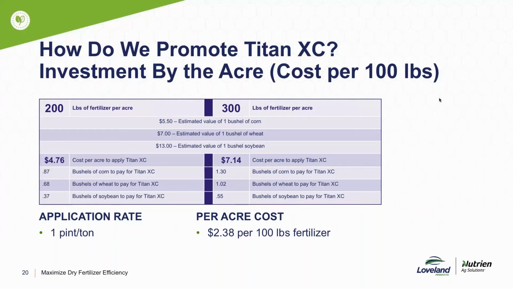So if you look at that 200 pound spread rate, you only need an additional 0.87 bushels of corn to pay for that. Just about 0.7 bushels of wheat and a third of a bushel of beans at a 200-pound spread rate. At a 300-pound spread rate, you're just over 1.3 on your corn, 1 bushel of wheat, half bushel of beans.